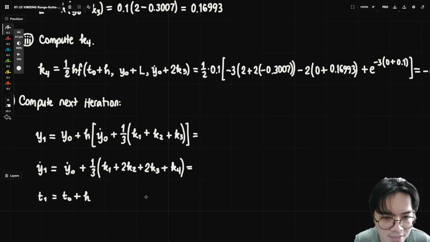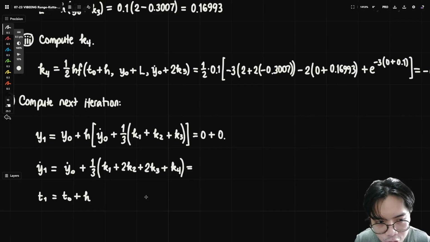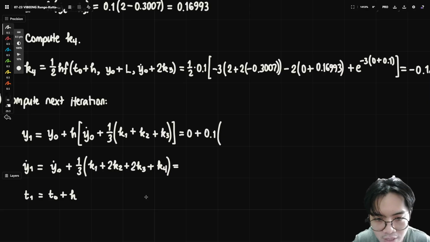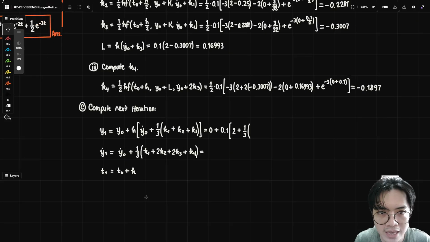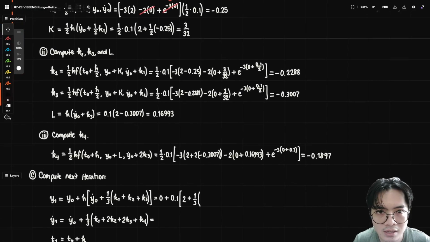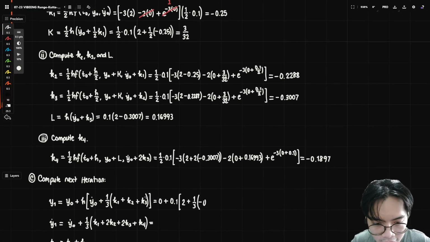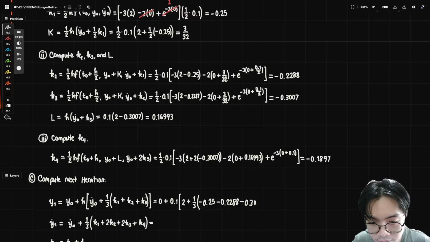So our y0 is just 0 plus h times our y0 dot is 2. It's 1/3. Ano ba yan? Square brackets. 1/3 k1 was, ano nga ba yan? 0.25. Our K2 was 0.2288. And our K3 was 0.3007.